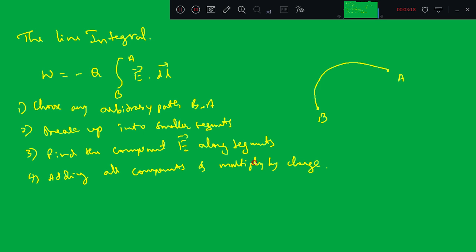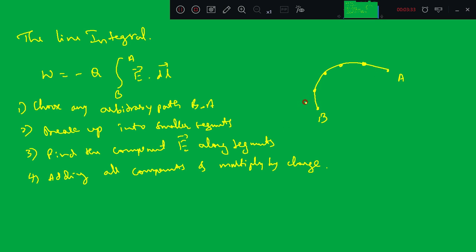So this gives the total line integral. So hence we have the path from B to A. I will divide it into smaller segments, first, second, third, fourth and fifth.